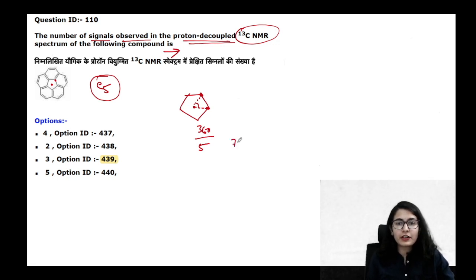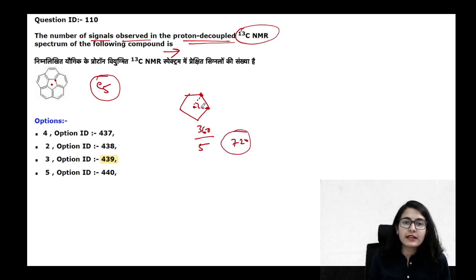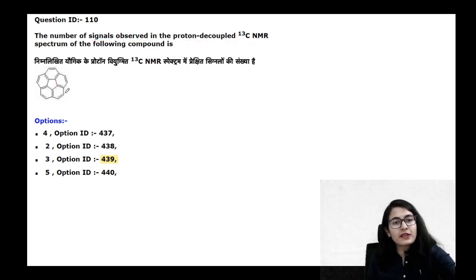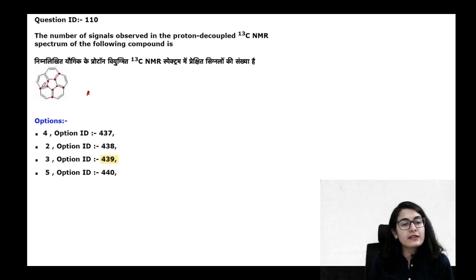Yes, 72 degrees basically. That is the internal angle of pentagon. Alright, so all of these 5 carbons will be the same. Which means how many carbons are same over here? These 5 carbons are all the same. So one signal for this. These 5 different carbons will also be the same. So one more signal for this.